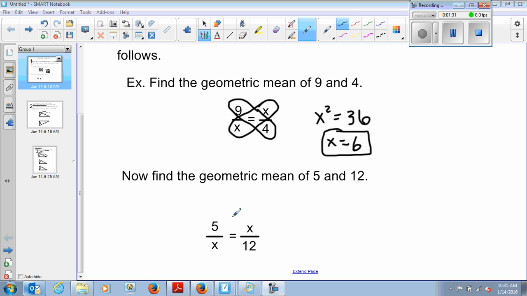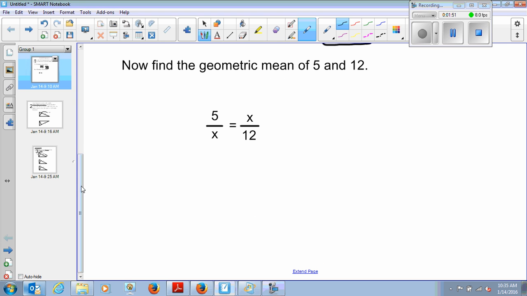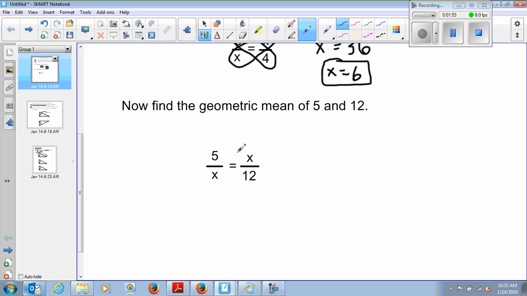Moving down, we're going to try to find the geometric mean of 5 and 12. Now again, I could set it up like this, or I could set it up differently. The important thing is, though, that we're multiplying the x's times each other here. So when I cross multiply, I do x times x, that equals x squared.